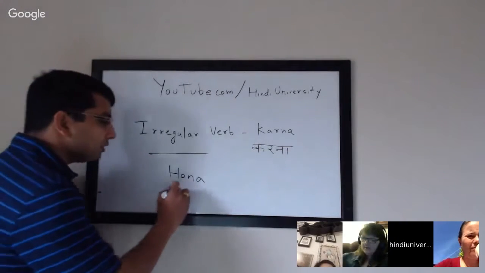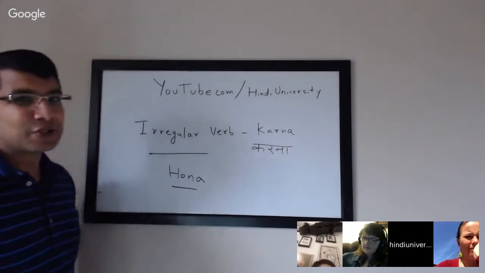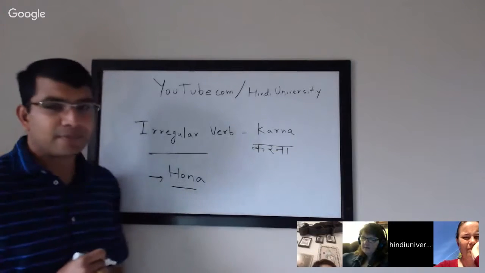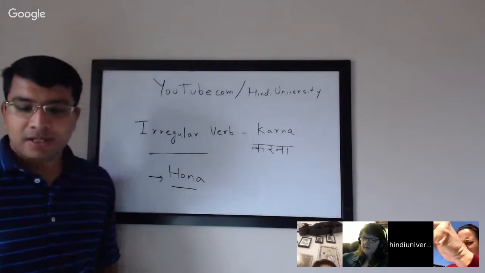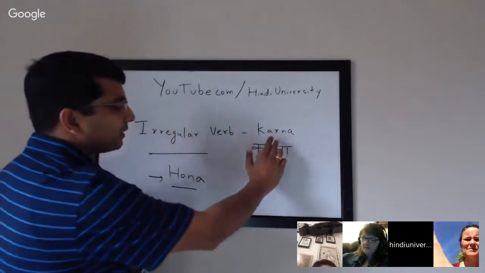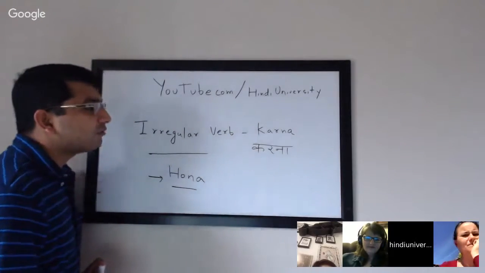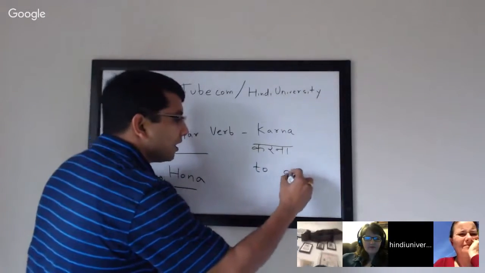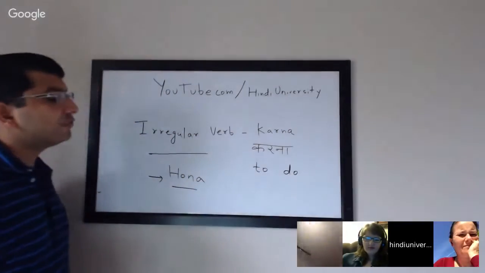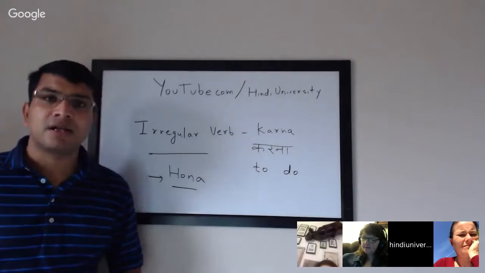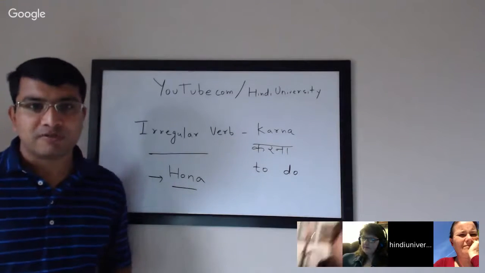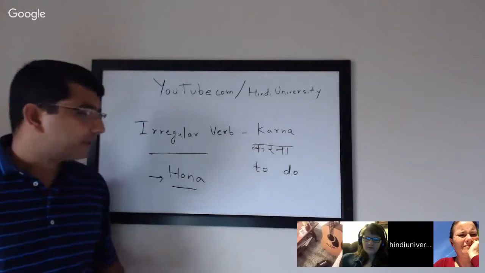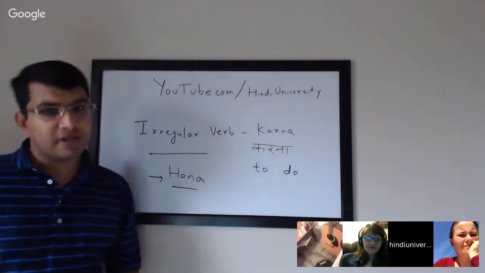We also learned some popular phrases where hona is used as an irregular verb. Two weeks ago we picked up the irregular verb karna, which means to do, and how the verb changes in the past tense based on the noun you're using, whether it's masculine or feminine. We will continue to build on top of it in this class using various examples.